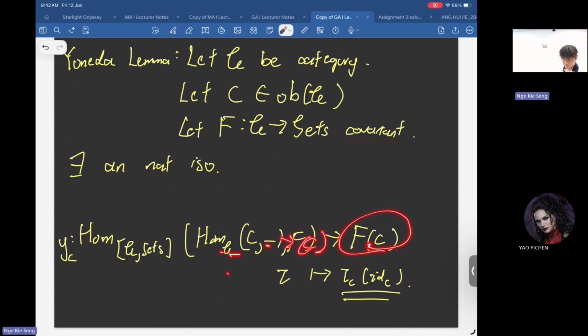Okay, so I just look at where the identity element here gets sent to. Okay, and then the claim here is this map is bijective. Meaning you need to show injectivity and surjectivity. And then this will involve all the functor property and natural transformation on tau itself.